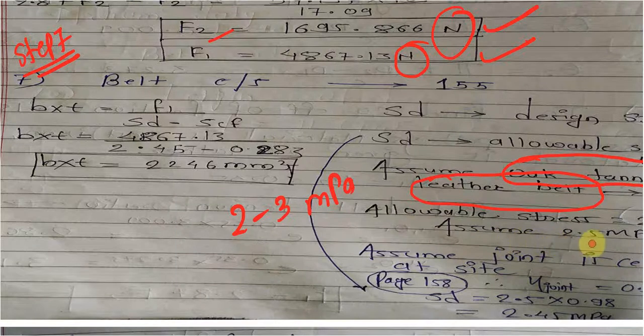Assume 2.5 MPa; between this range, you just assume 2.5 MPa, or otherwise you can use 2 or 3, but we use 2.5 MPa. Assume the joint is cemented at the site, page number 158. The end joint efficiency is equal to 0.98.